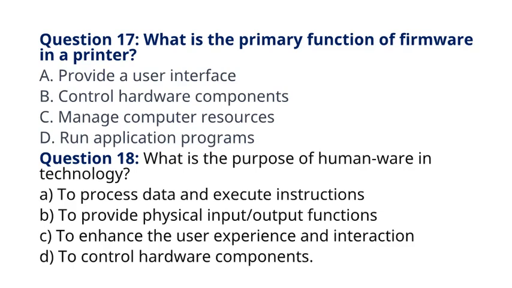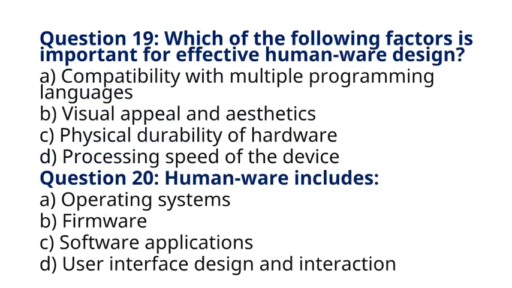The correct answer to question 18 is option C. To enhance the user experience and interaction. Explanation: Humanware in technology aims to enhance the user experience and interaction by focusing on user interfaces, accessibility features, and ergonomic design.